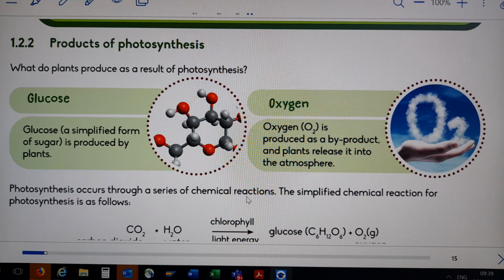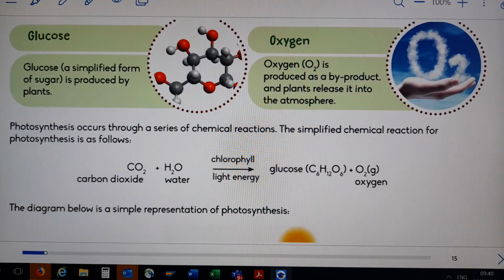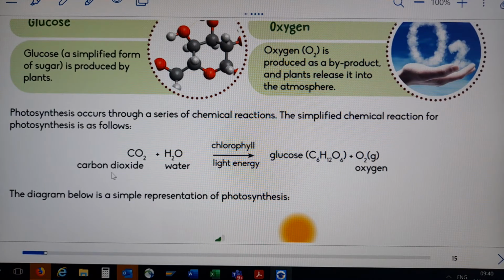There must be a chemical reaction for photosynthesis to take place. The simplified chemical reaction for photosynthesis is as follows. You need to know this chemical reaction. What do we need for photosynthesis?